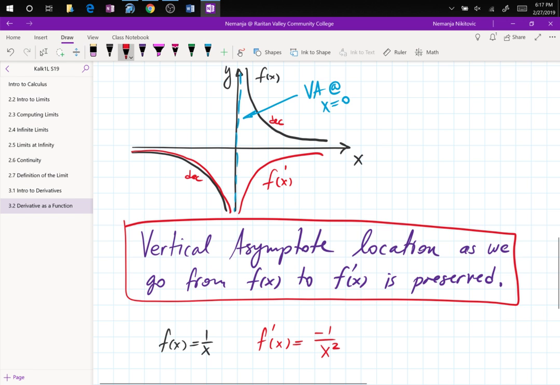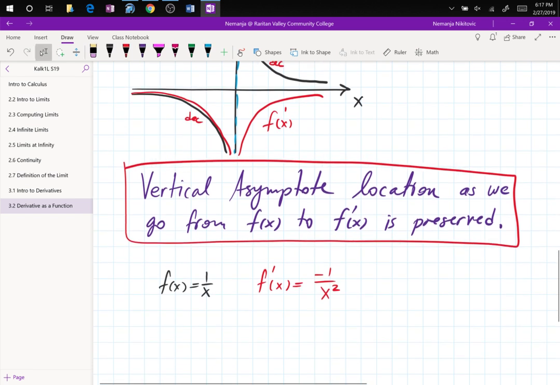Because the graph for 1 over x squared positive looks like this, right? And then when you add a negative to it, you are reflecting it, and it becomes that.